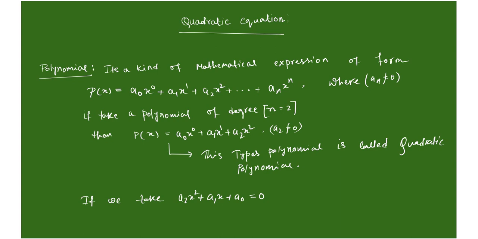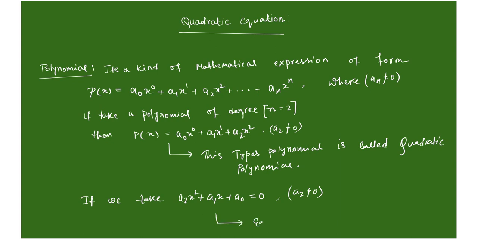I just write it in reverse order: I put x squared first, then x to the power 1, and x to the power 0 is 1, so that is why I wrote only a0. And a2 is not equal to 0.